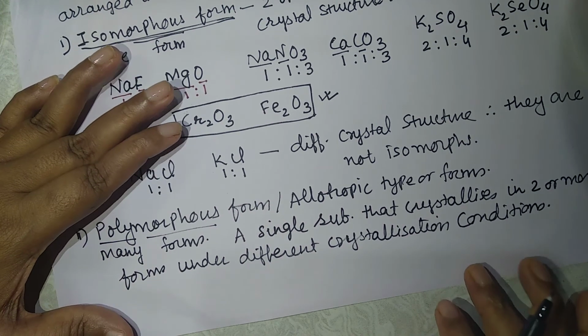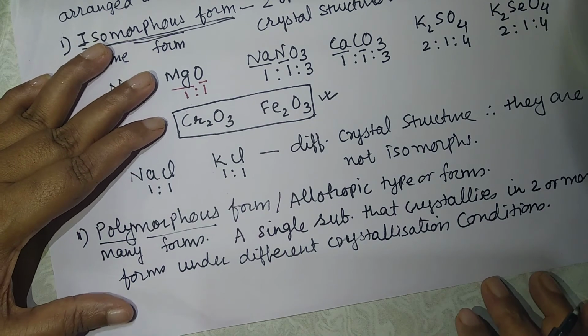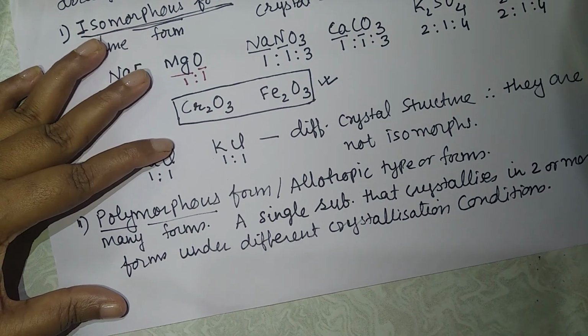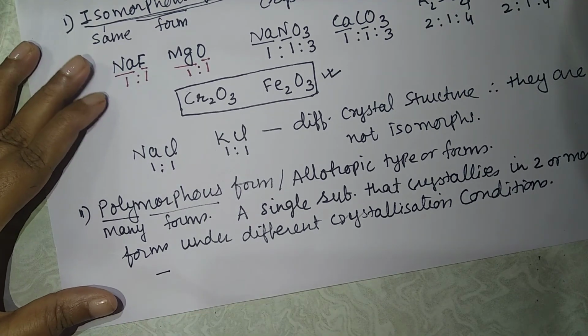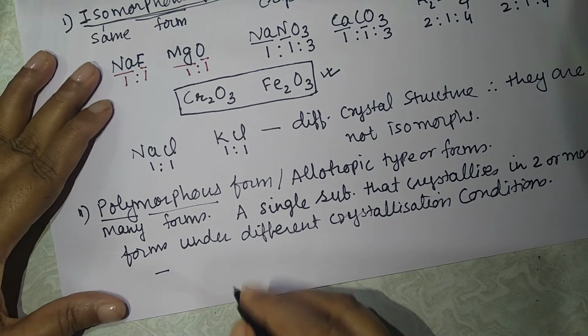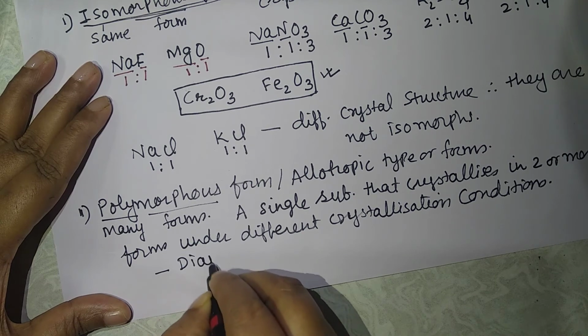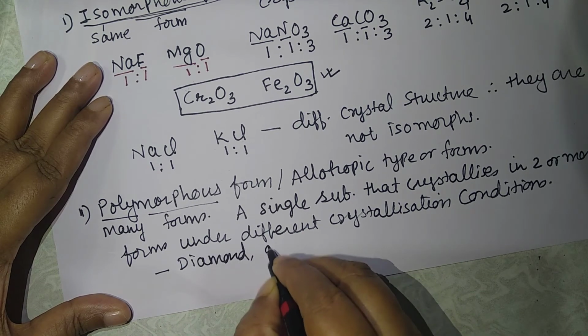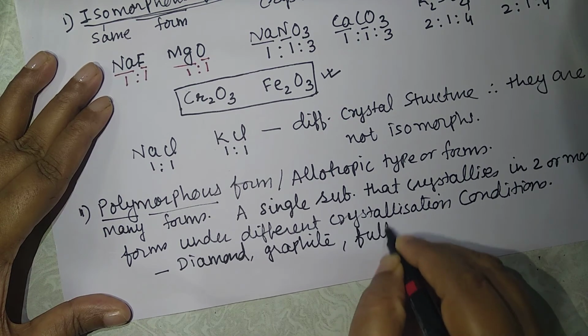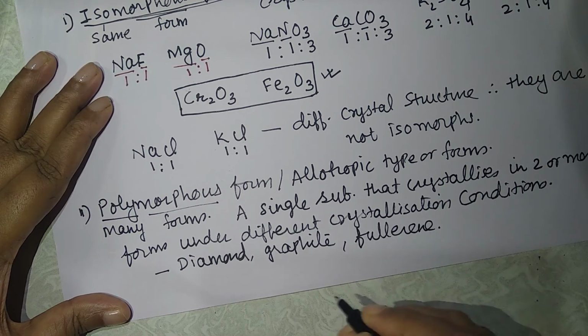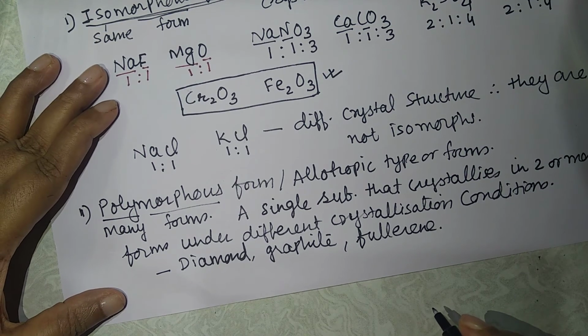Right, students? And they are also called allotropic forms. What can be the example here? The best example is the crystalline forms of carbon allotropes, that is diamond, graphite, and fullerene. They are the polymorphic forms of carbon.